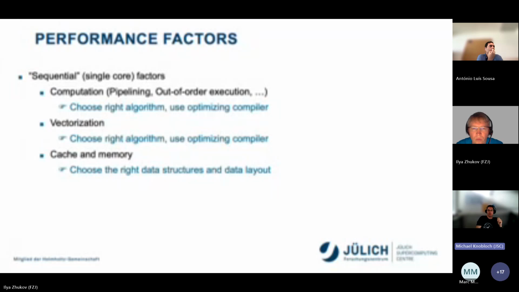So you have to deal with all the effects that arise from that, with pipelining, with out-of-order execution. So, right, you have to choose the right algorithm that can benefit from these processor features and use an optimizing compiler. So always compile code for the architecture you're running on, right? Otherwise, you waste a lot of potential performance.